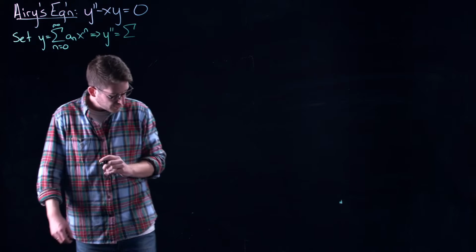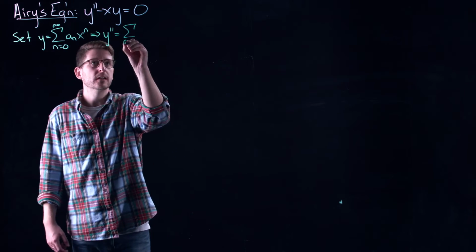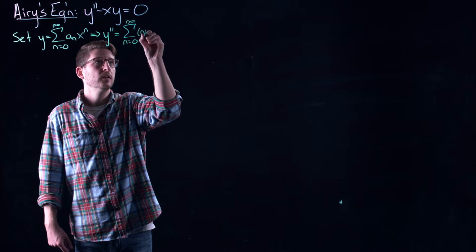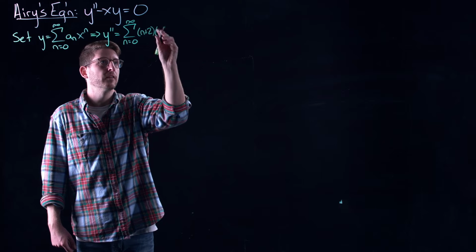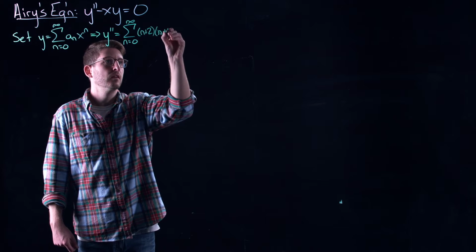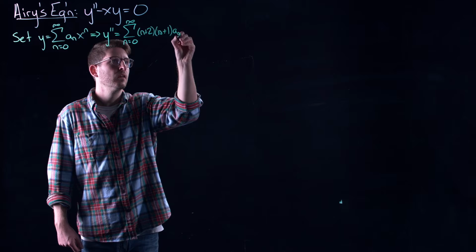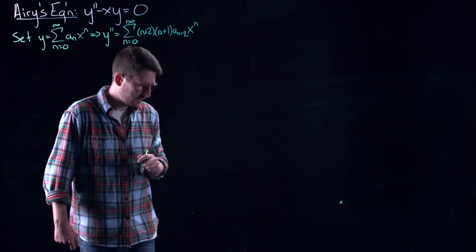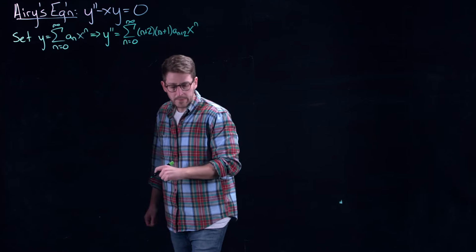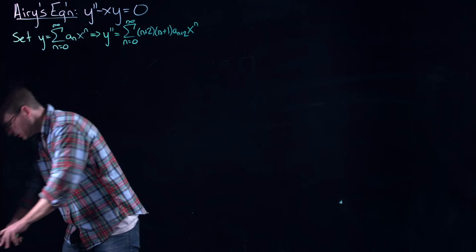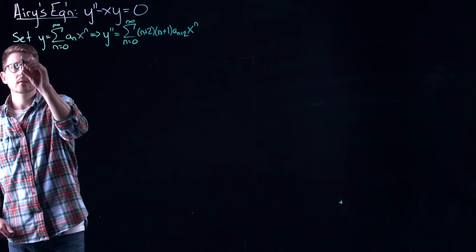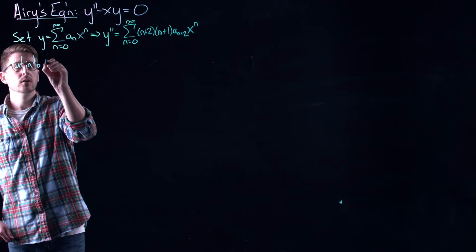And this will be moved around so that I start at 0 and I have, again, a generic term that is in terms of x to the power of n: a_(n+2) x^n. Okay, let's put this into the ODE.